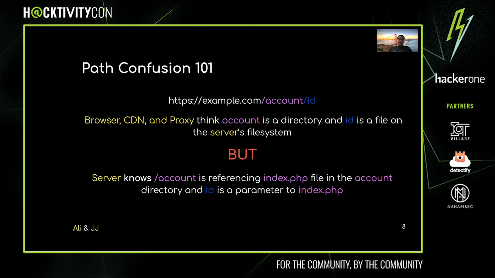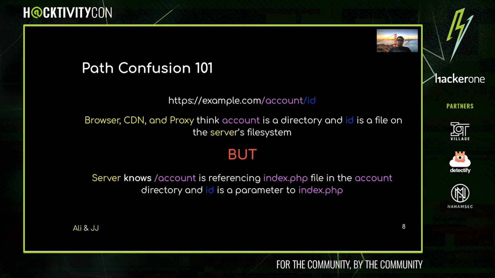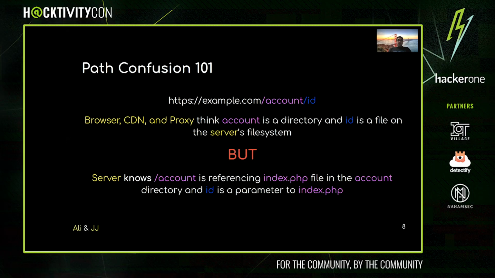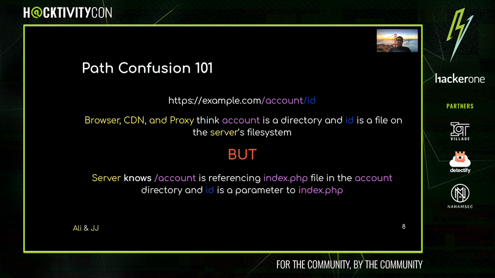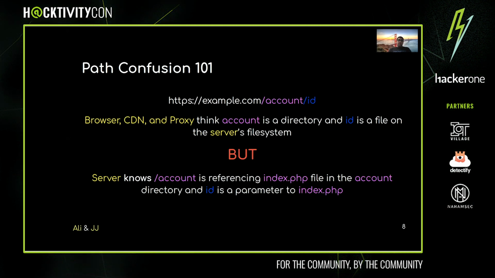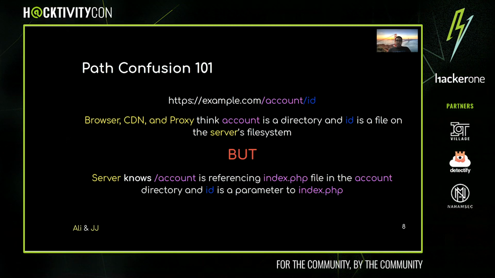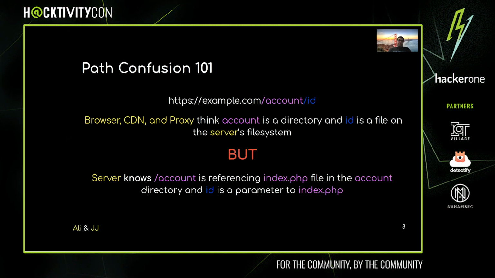So as Ali said, when the web server is using a clean URL, it's completely unknown to the other components on the internet, such as the CDNs and the browsers. For example, as you can see in account/ID, the browser, CDN, and proxy think account is a directory and ID is a file on the server's file system.